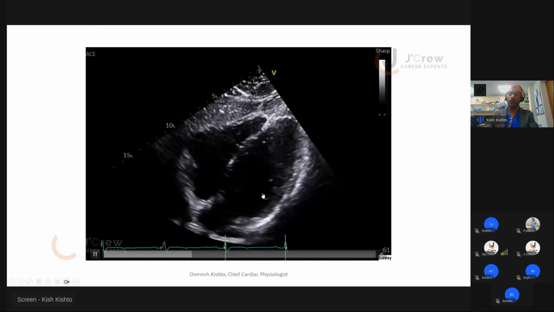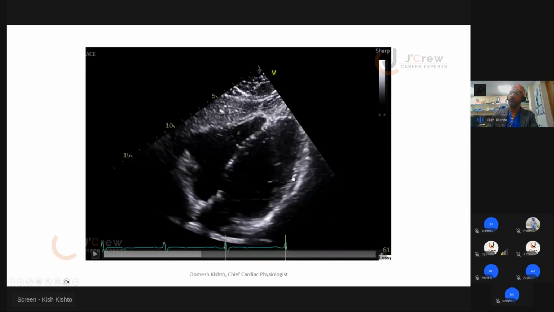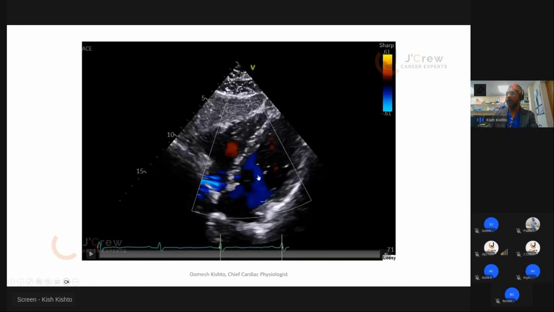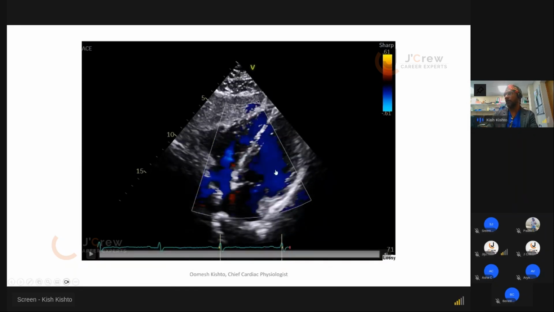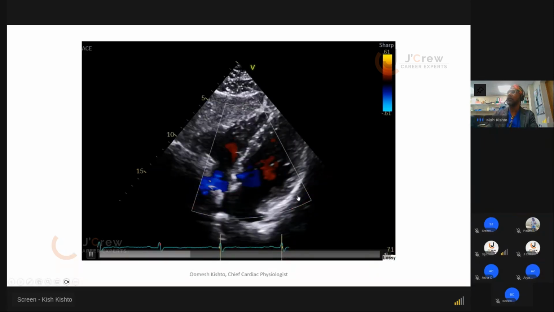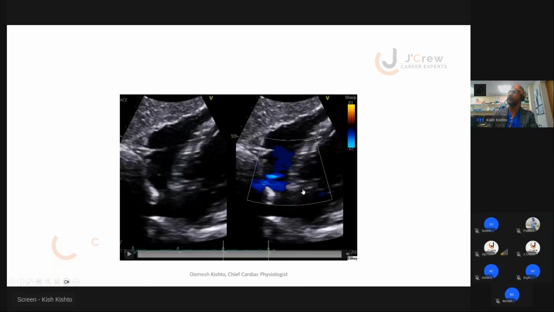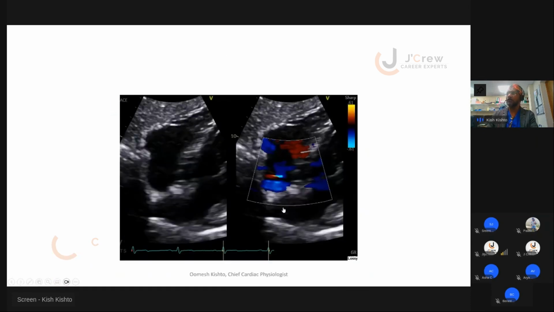Okay, then you go to your subcostal, and subcostal, that's your probe there, that's your liver, RV, LV, and your RA and LA. Okay, so here just put your color on again, look for any communication across, or TR or MR, and so that's sorted.